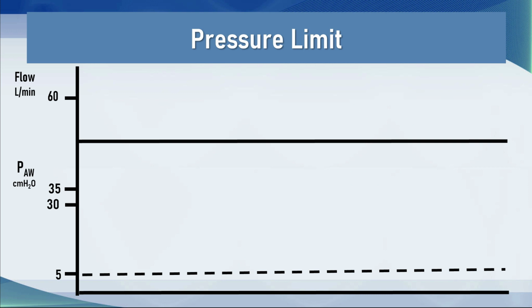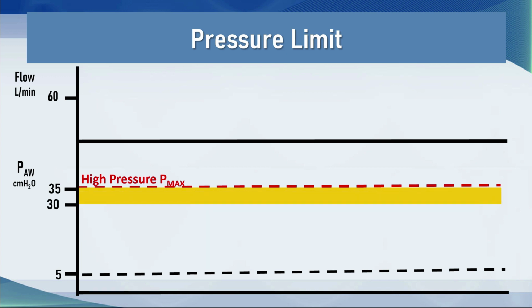And as a consequence, you set a high airway pressure, that's the Pmax, for most ventilators between 35, maybe 30 centimeters of water. The ventilator will deliver the desired tidal volumes up to a point short of that Pmax. And it varies from ventilator to ventilator. In this situation, the Pmax has been set at 35 centimeters of water. On the ventilator that we've chosen, for example, a Draeger ventilator, the pressure limit is 5 centimeters of water below the Pmax.